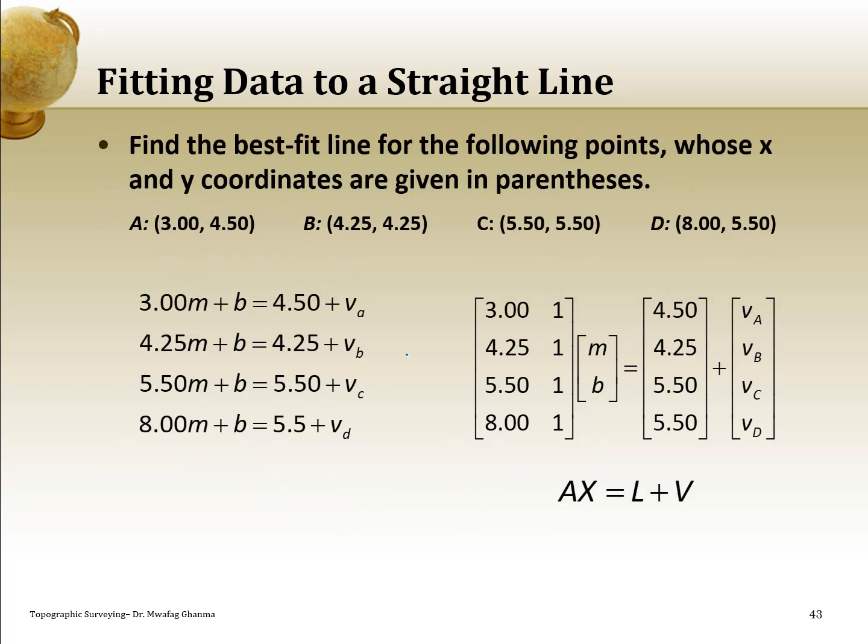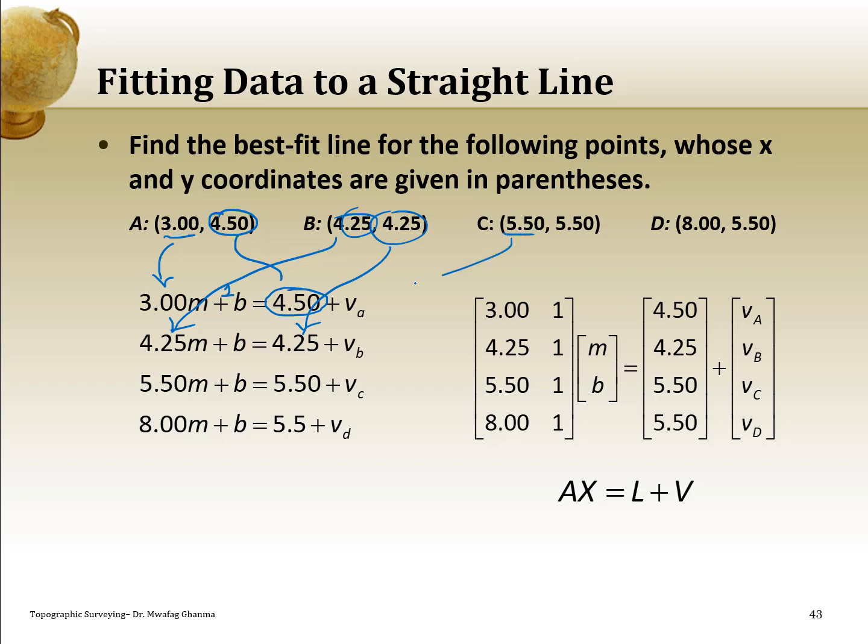Now, for a numerical example, we just want to replace y. This is the y of point A and the x of point A. So here is the y of A, which is 4.5, while x we multiply by m, and the coefficient of b is 1. The same thing, x and y for the second point.